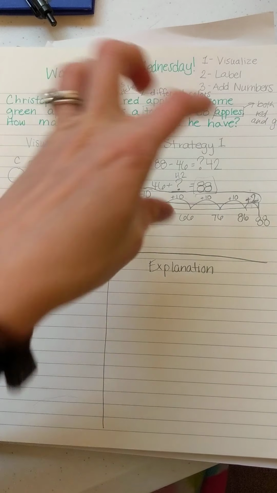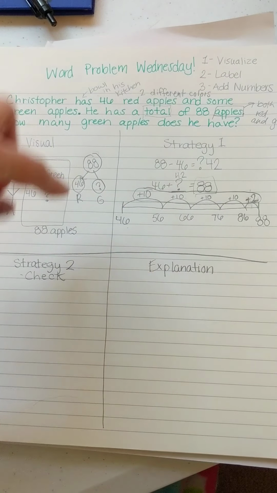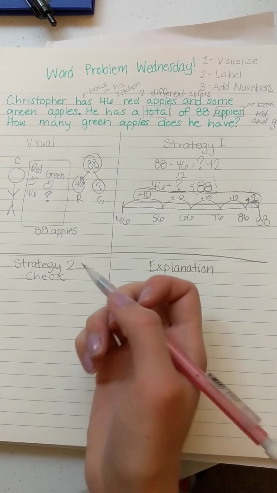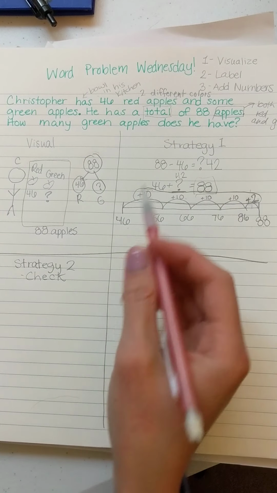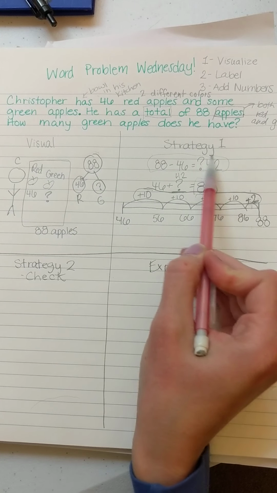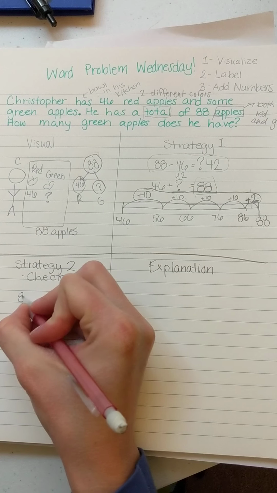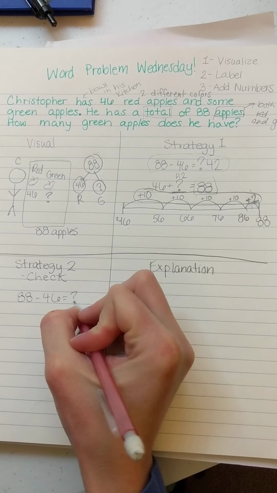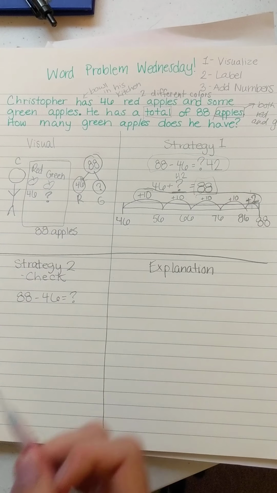Now, if I was correct, I should be able to check it over here using a different strategy. So I also really like my place value strategy. I can use my place value strategy to solve this subtraction sentence to find the missing part. So I'm going to go 88 minus 46 equals, how many green apples does it equal?